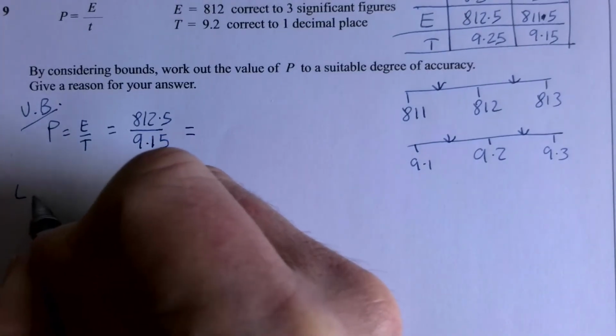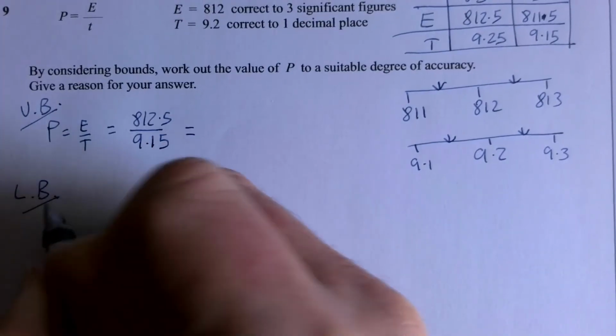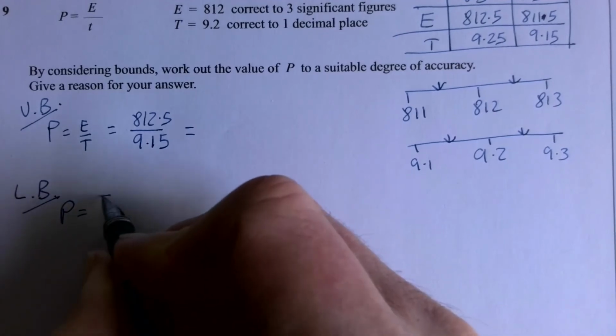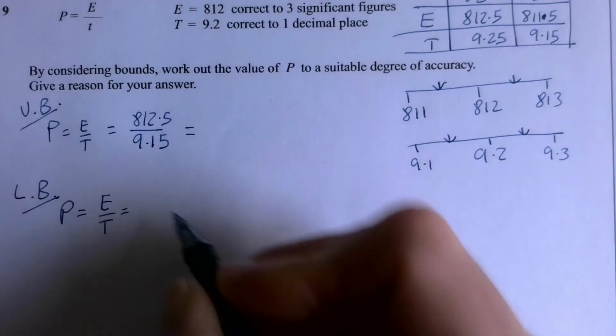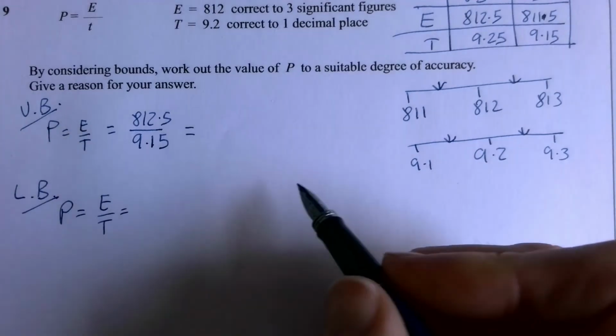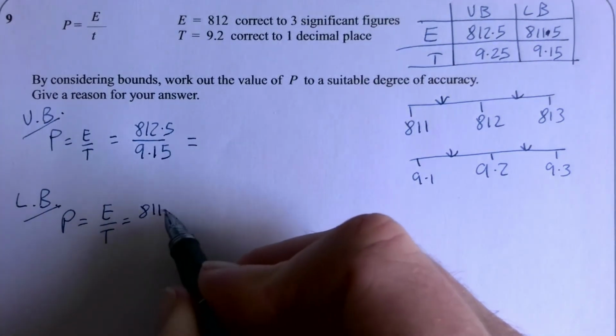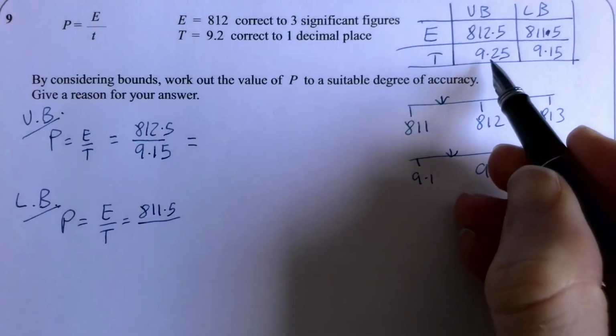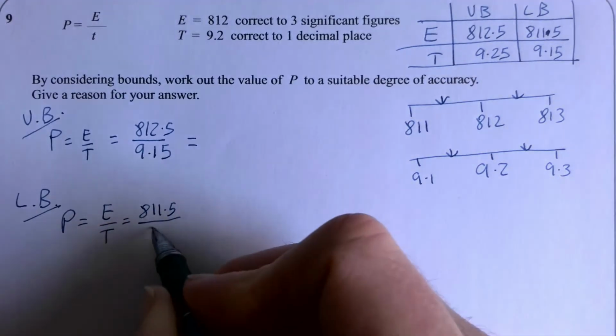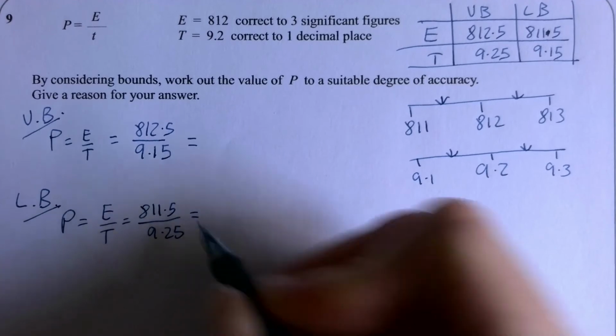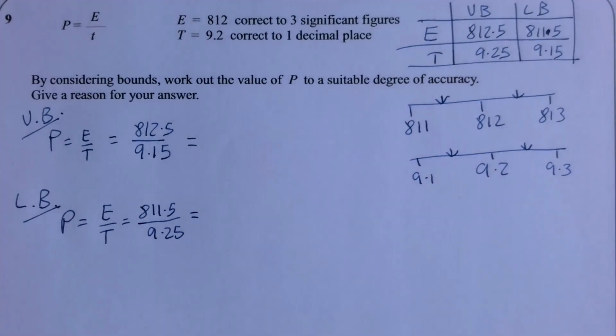The lower bound, we will need the smallest value for E this time, which is 811.5, and we're going to divide that by the upper bound, 9.25. Now that's not going to make a massive difference, is it? But it will make a little bit of a difference.